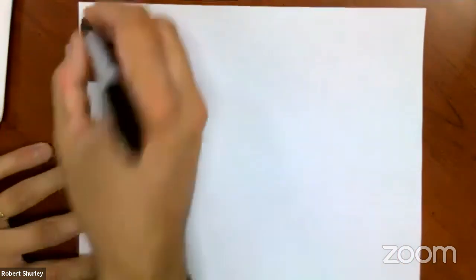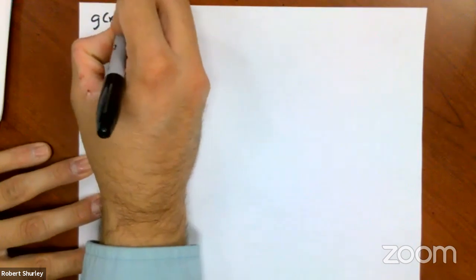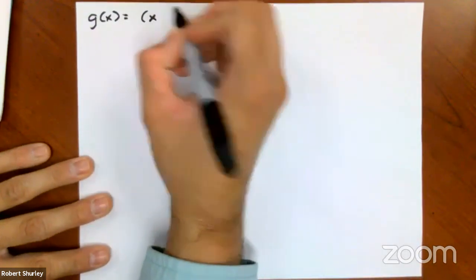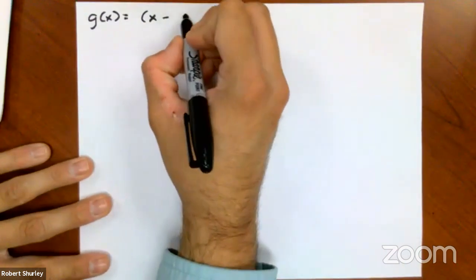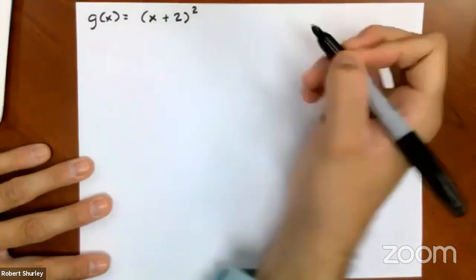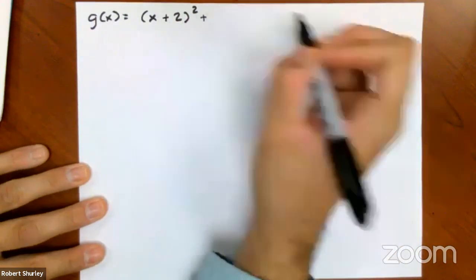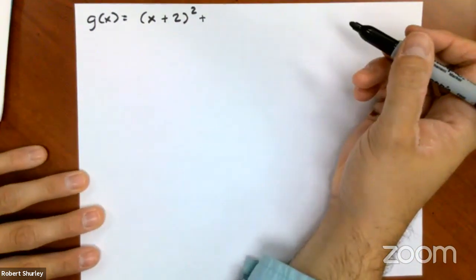Okay, so let's try this one. Let's try g of x equals x plus 2 squared plus 3.